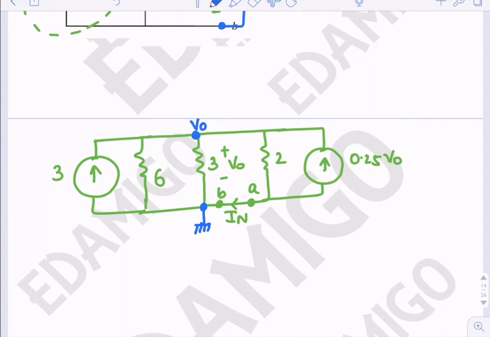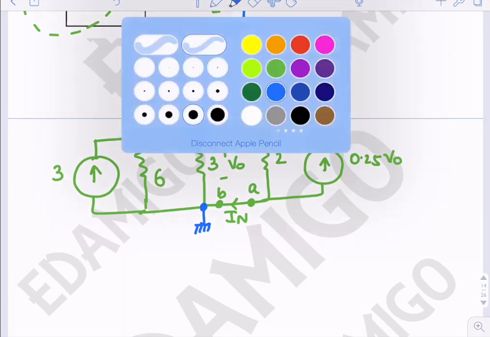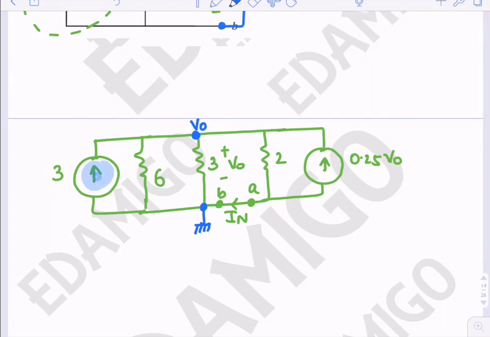So we can see that this is the incoming current. So incoming current at this node is 3. The outgoing current here will be V0 by 6. The outgoing current here will be V0 by 3.